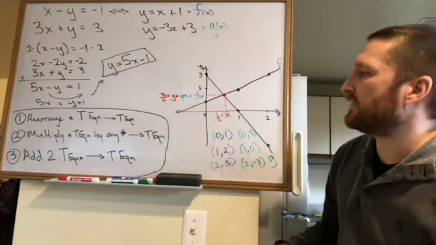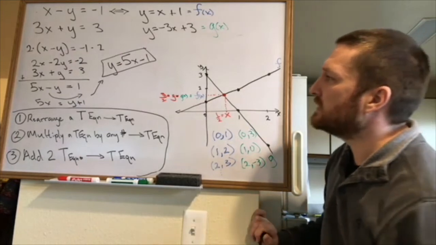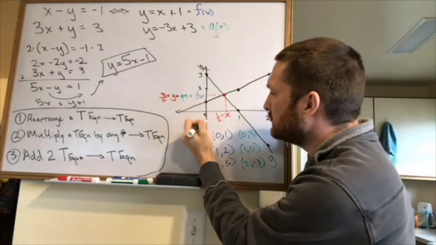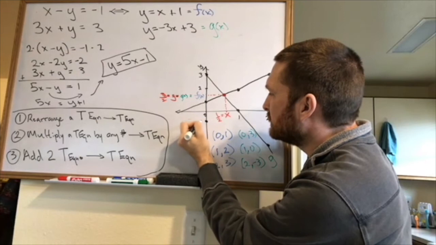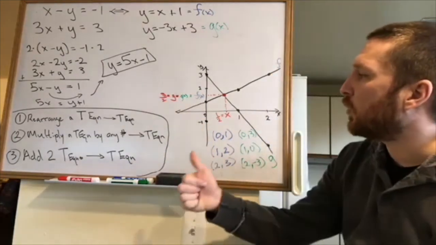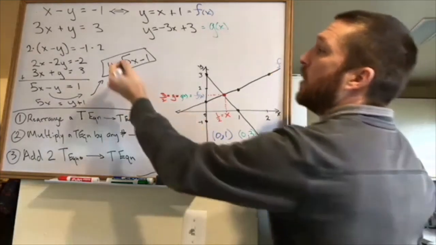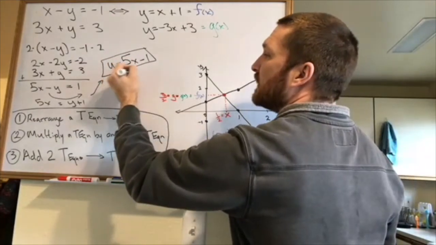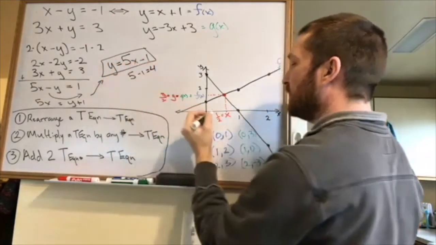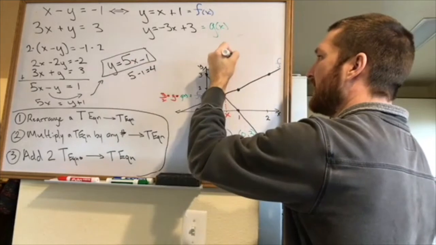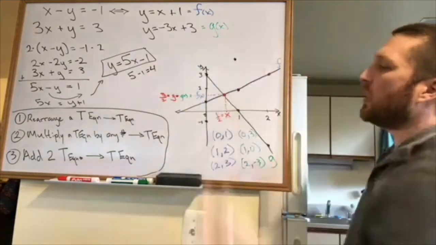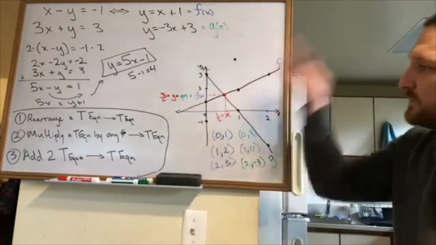Now I'm going to graph this guy and say, okay, when I plug in a 0, I get out a -1. It should be around here, -1. When I plug in a 1, I get 1 times 5 is 5 minus 1 is positive 4. So when I plug in a 1, I get out a 4. And I could keep going, but now I can see that this gives me a line.